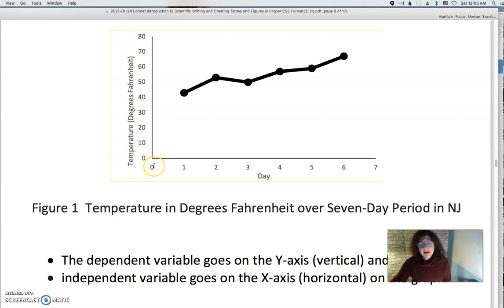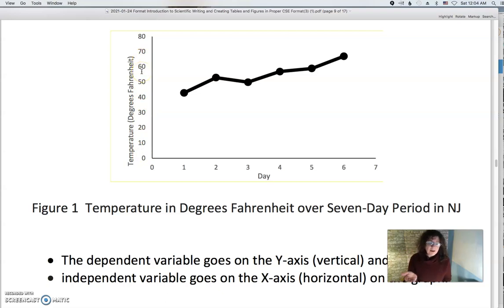The independent variable, which was controlled by you, you decided which days to measure the temperature. The dependent variable always goes on the y-axis for line graphs. Very important to remember that. The x-axis is for the independent variable. And the dependent variable is on the y-axis.